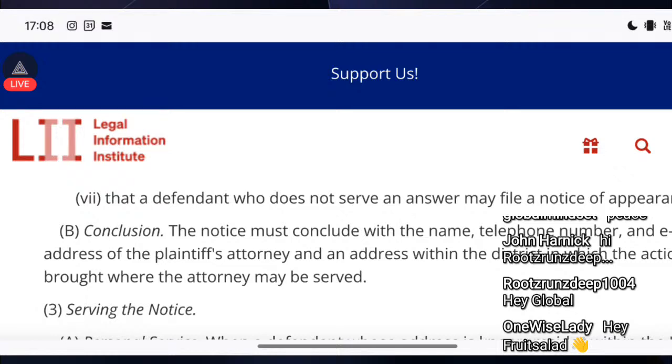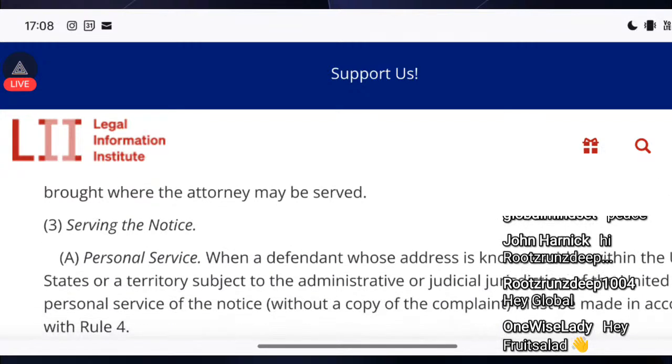Conclusion. The notice must conclude with the name, telephone number, and email address of the plaintiff's attorney and an address within the district in which the action is brought where the attorney may be served.